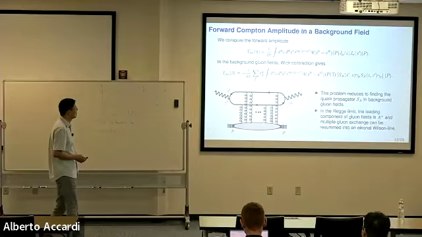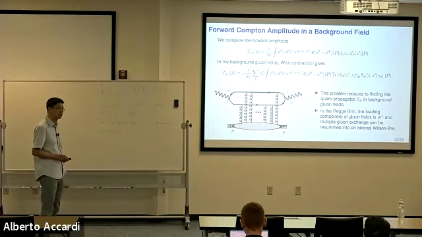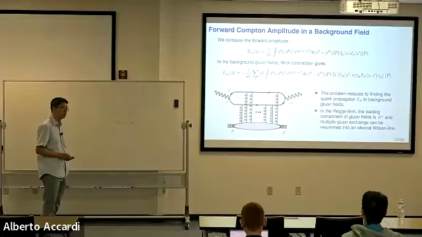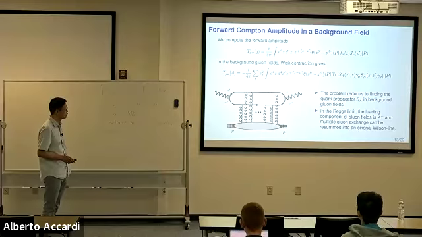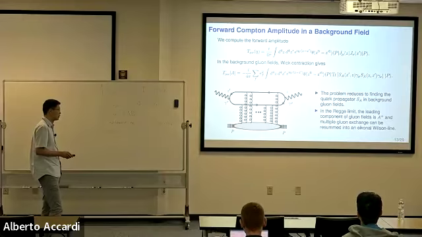The nice thing in this Regge limit is that you can resum all these possible gluon exchanges into one simple term, the so-called Wilson line. You organize this differently: in this Regge limit, only one component of your gluon field is the dominant one, and that one can be resummed.